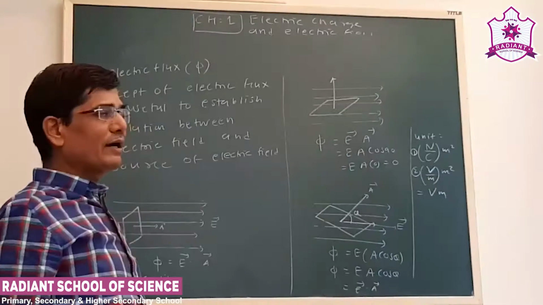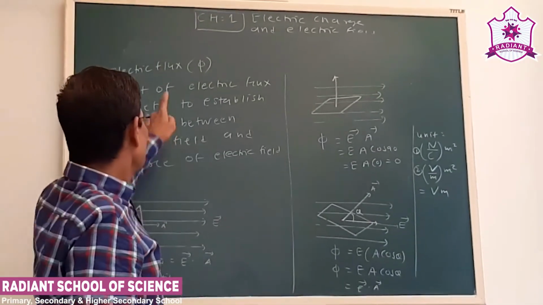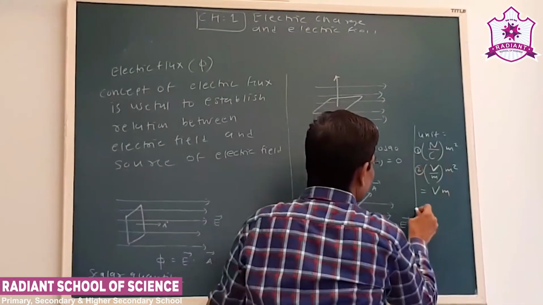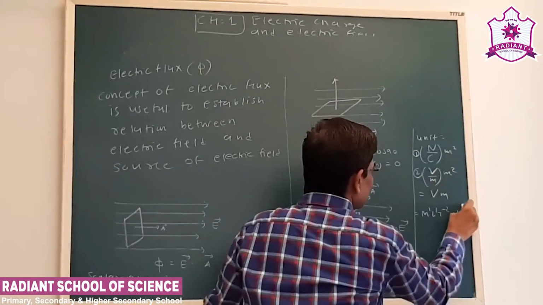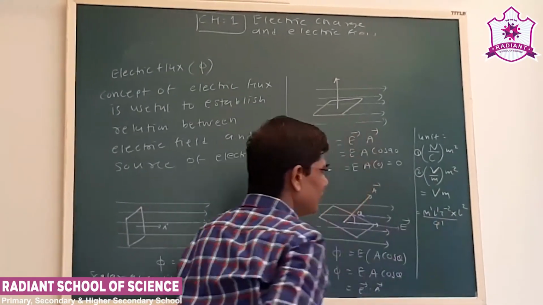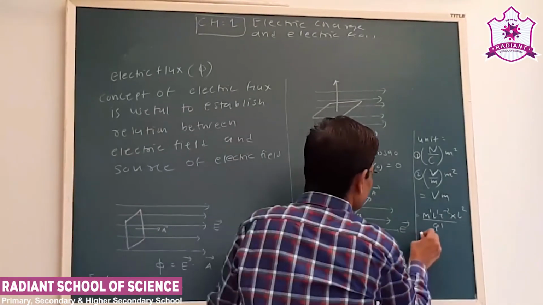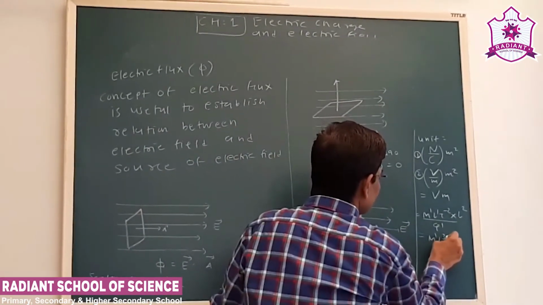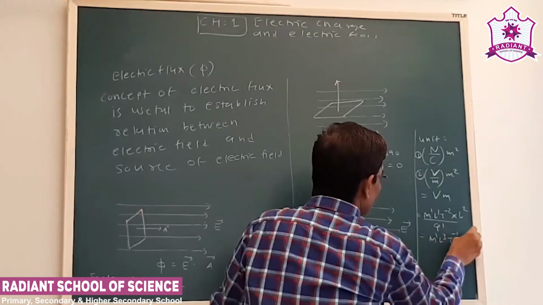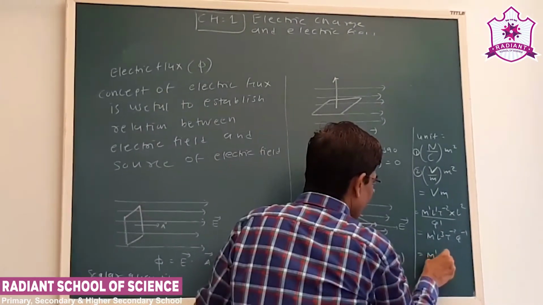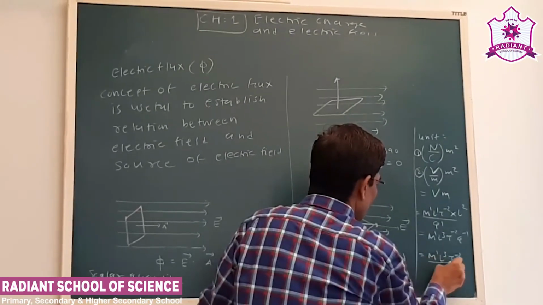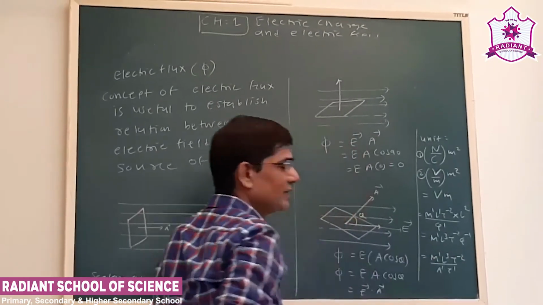Okay, now we have to write the dimensional formula of the electric flux. Now see, Newton is M1 L1 T minus 2, meter square is L square, charge is Q1. Now it is M1 L3 T minus 2 and Q minus 1. We can write M1 L3 T minus 2 upon Q, which is IT, that is A1 T1.